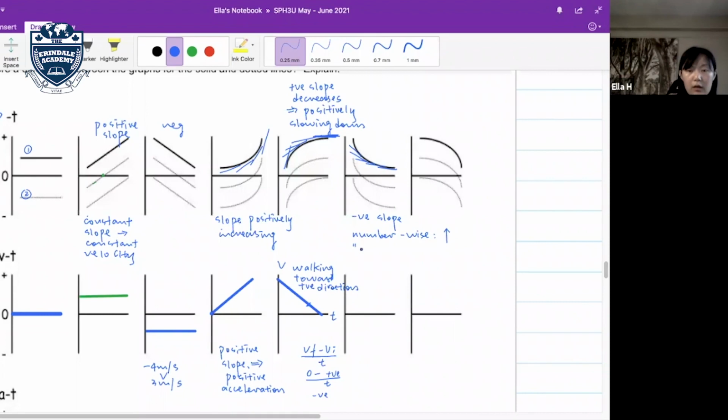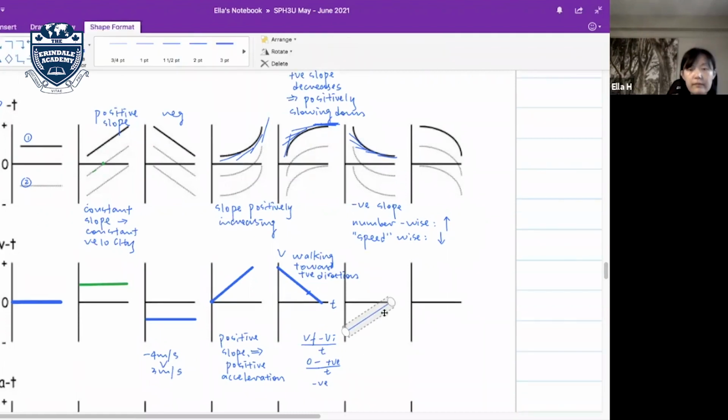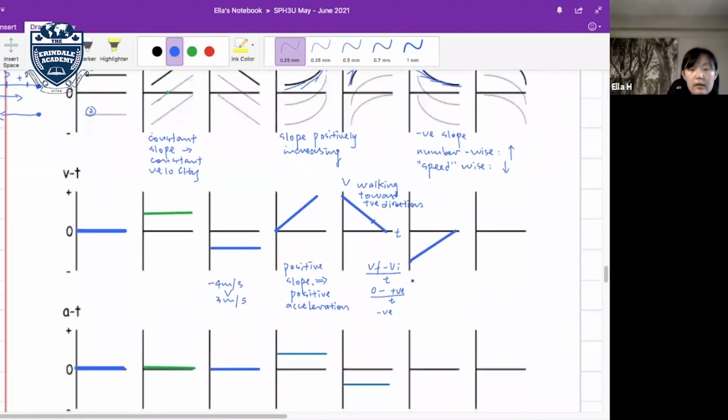But if I call that speed, speed wise, it's decreasing. So the VT graph is going to be starting from somewhere very negative and then go straight up. And just like I said, if you look at the change of V divided by T, what do you have?